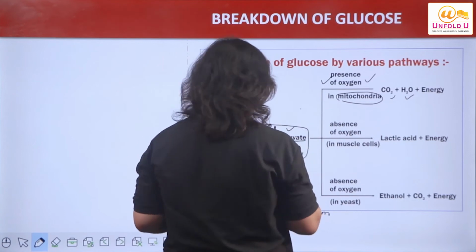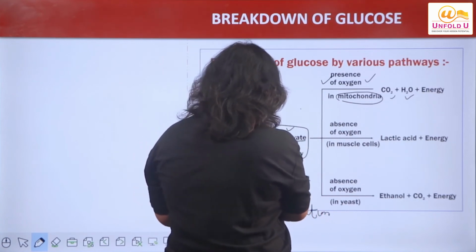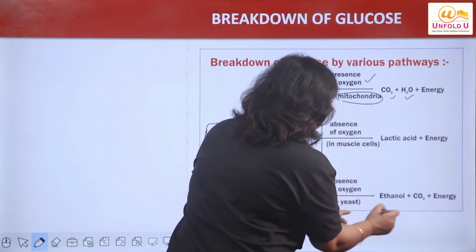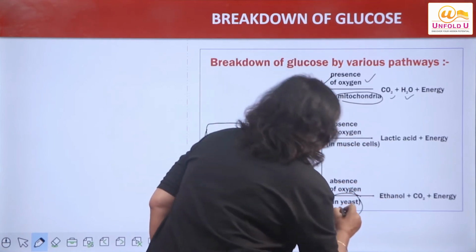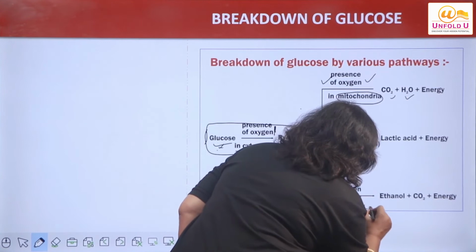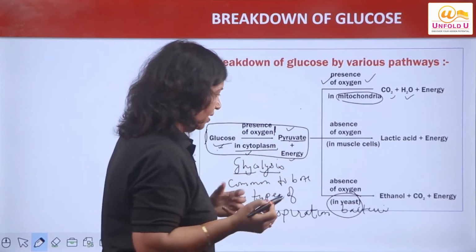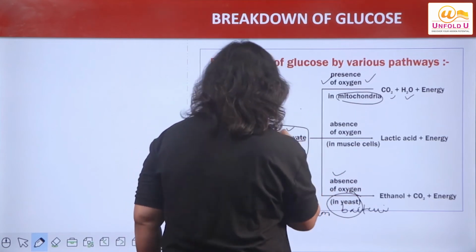कार्बन डाइऑक्साइड, वाटर एंड एनर्जी, राइट? अगर ये जो स्टेप है ग्लूकोज इनटू पाइरुवेट, इट इज हैपनिंग इन द यीस्ट सेल्स या फिर हम बैक्टीरिया भी कह सकते हैं। It is happening in the yeast cells and some bacteria, right? It is happening in the absence of oxygen.